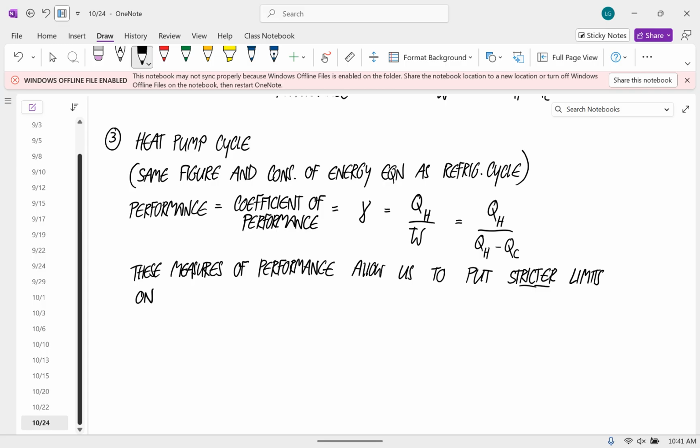So it's not just a matter of trying to get to an efficiency of 1 or something. If you know some values for your heat transfers, you can actually put limits on this stuff that are more meaningful than just 0 to 1 or whatever.